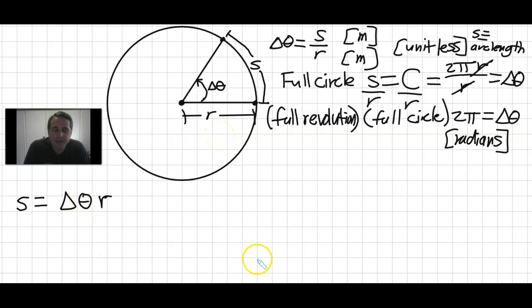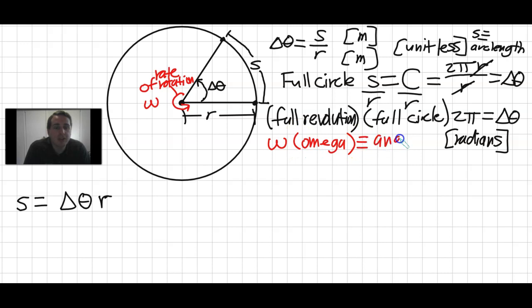Now let's see what happens if we start introducing how fast of a rate of rotation, so that we would call a velocity. So here, let's imagine that this object is rotating at a certain rate. So this right here is going to be the rate of rotation, and that rate of rotation, we'll call that omega. So this is going to be the Greek letter omega, and we'll call that the angular, sometimes called the rotational velocity.